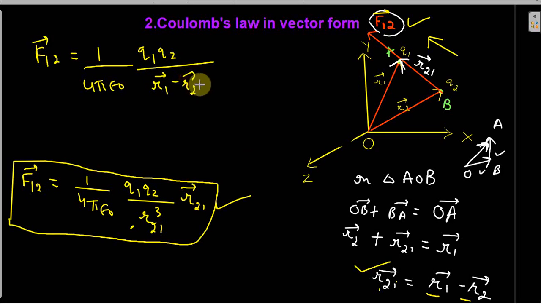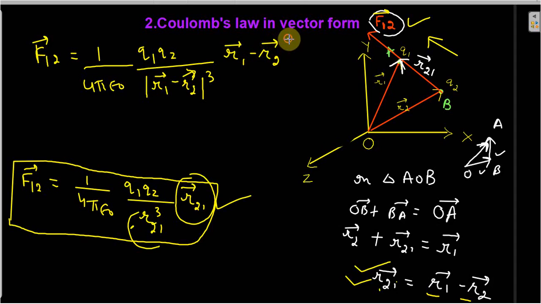This is vector form, but here it is magnitude form, so we'll put a modulus sign, and here this is the cube, and this is in the vector form, so as it is we can write R1 minus R2. So this is in the vector form, so we substitute this.